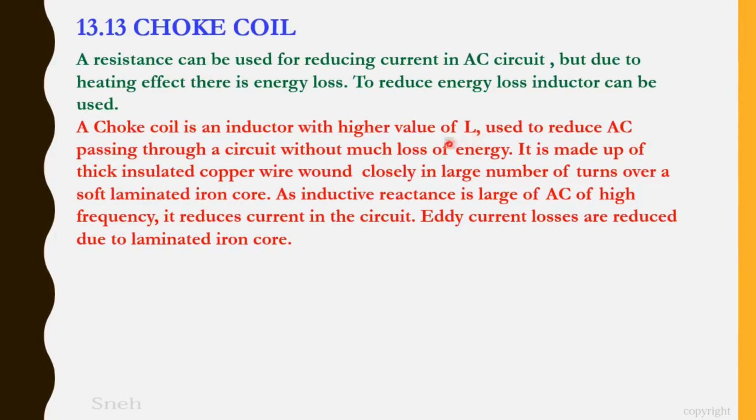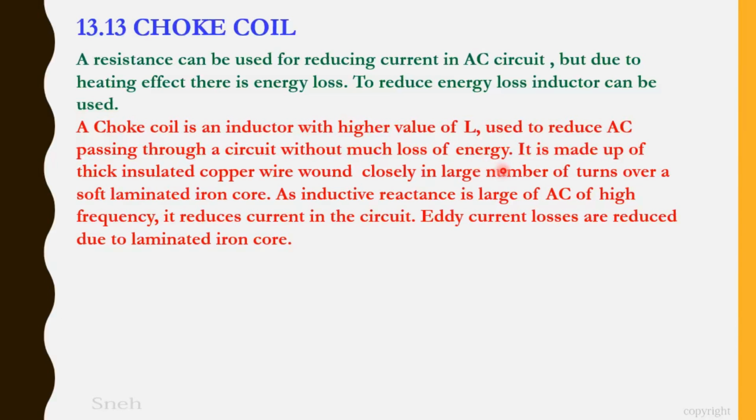For that purpose the choke coil has a higher value of L, and it is used to reduce AC passing through a circuit without much loss of energy. If I use a resistor, then there is energy loss. To avoid that energy loss, we are using an inductor.